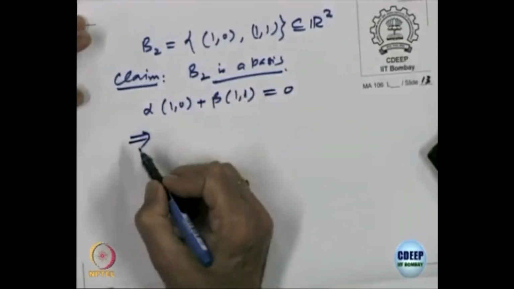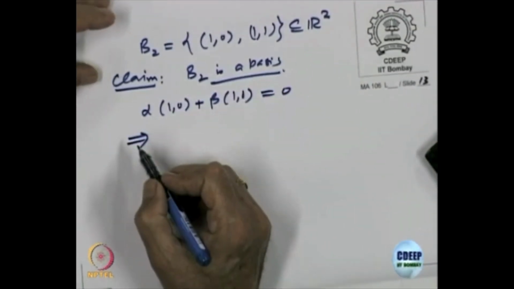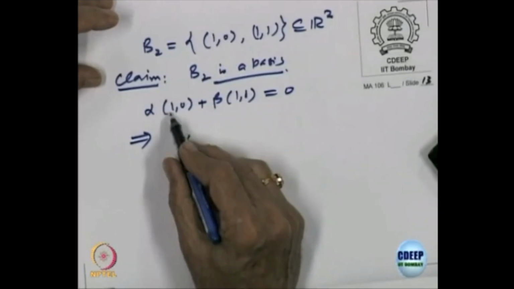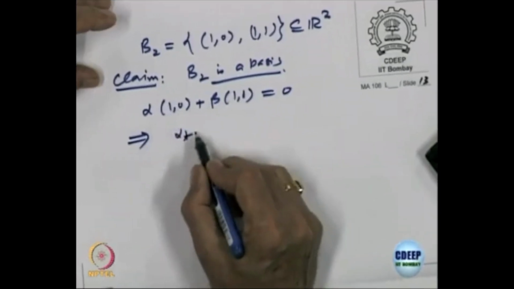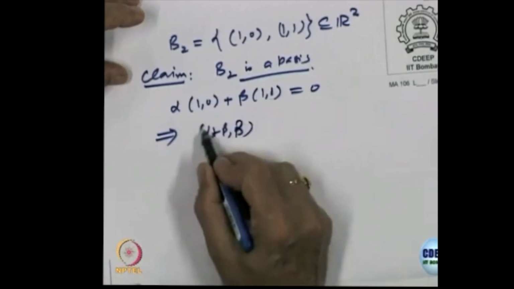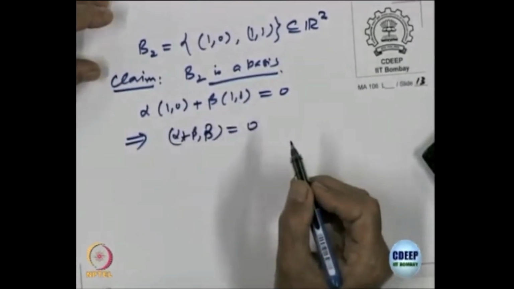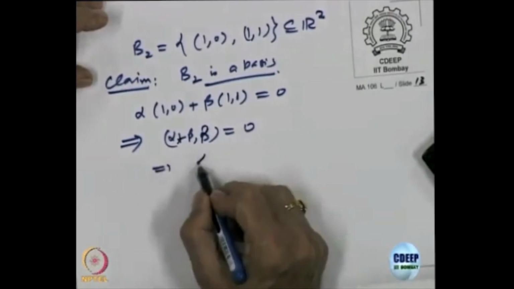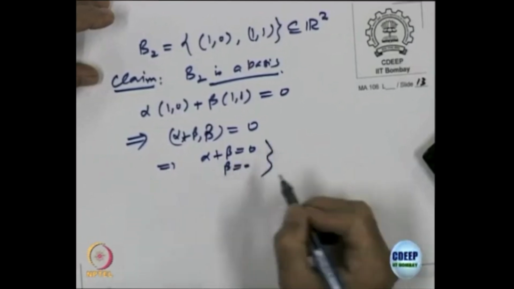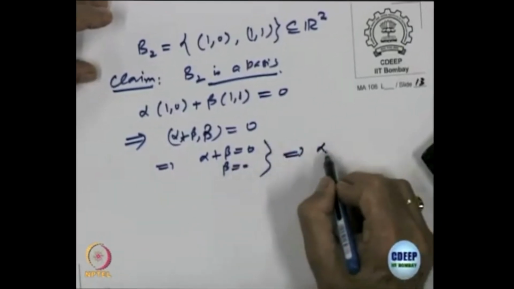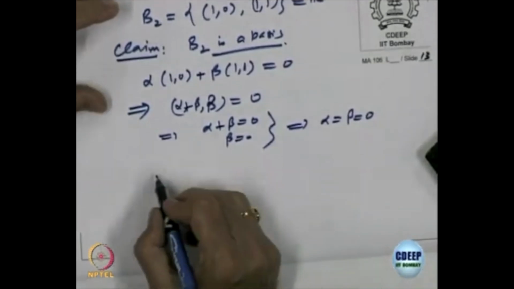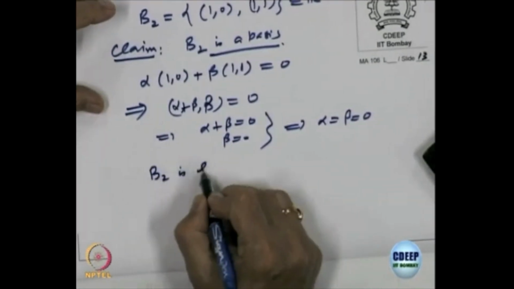A linear combination equal to 0 implies (alpha plus beta, beta) is equal to 0. That means alpha plus beta is equal to 0 and beta equal to 0, so alpha equal to beta equal to 0. So the set B2 is linearly independent.